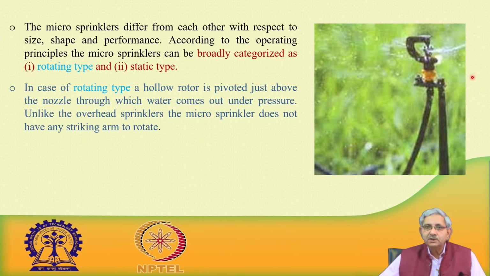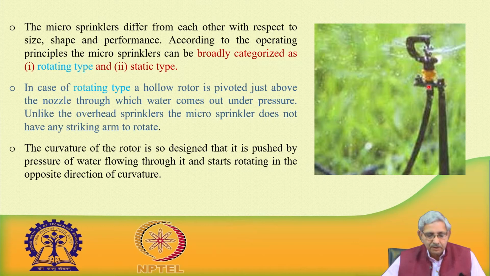This is what you see here. On the top, water comes through a micro tube under pressure, and there is enough pressure that causes the rotation, and the water comes out of the sprinkler and sprinkles around.